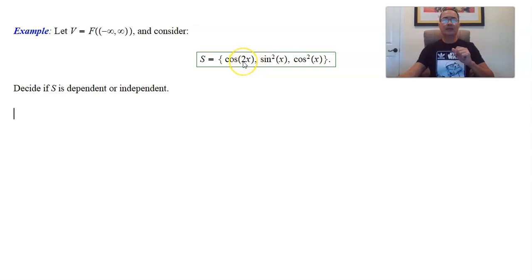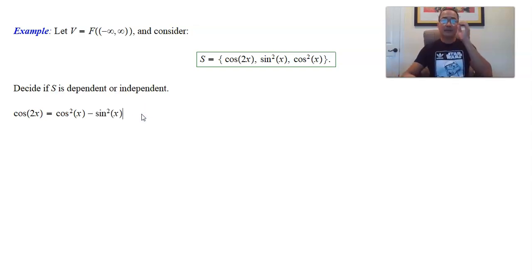So cosine 2x. I hope that looks familiar to you. Your brain is obviously thinking of the formula for cosine of 2x. Are these part of that formula? Yes, of course. Cosine 2x is cosine squared minus sine squared. Minus, because if it were plus, it would just be 1 all the time.